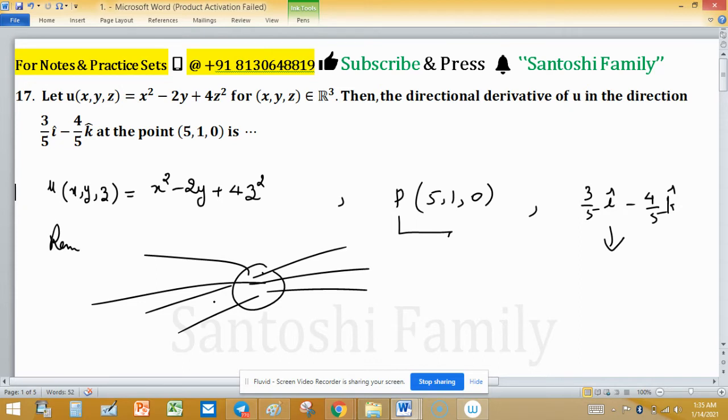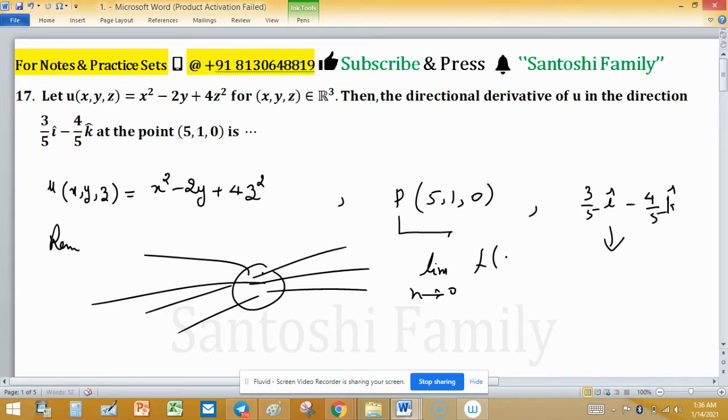Sometimes one option given to us is whether it is continuous or not at that point. Whenever all directional derivatives exist, we need to test continuity at that point. To check the existence of the directional derivative, we need to check the limit as h tends to 0 of f at the point.